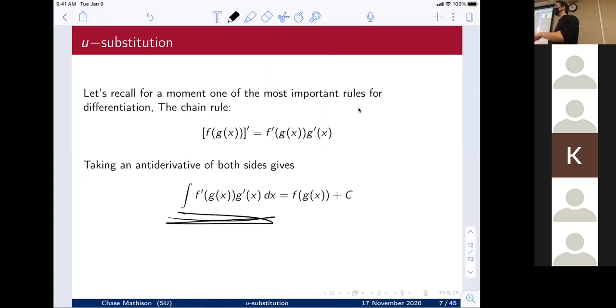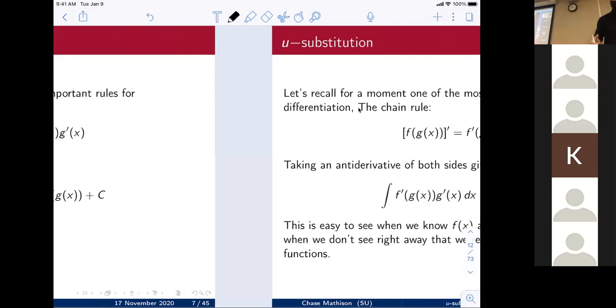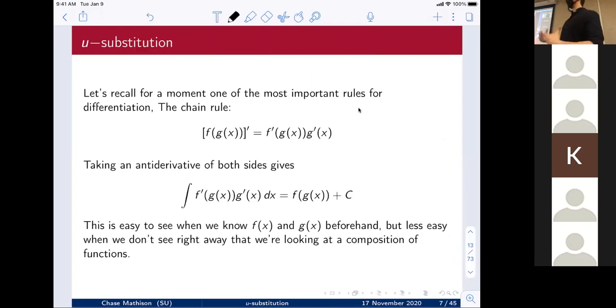We'll usually have to do some work to make an integral look exactly like f prime of g of x times g prime of x. But it usually can be done for a lot of integrals, so many that you're going to get used to u substitution being your go-to. This is one of the most important integration rules.